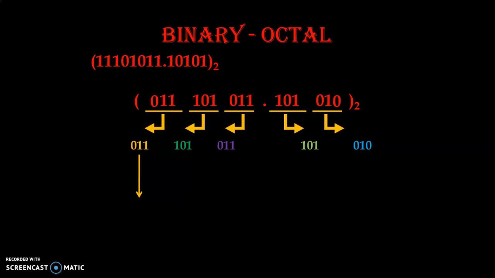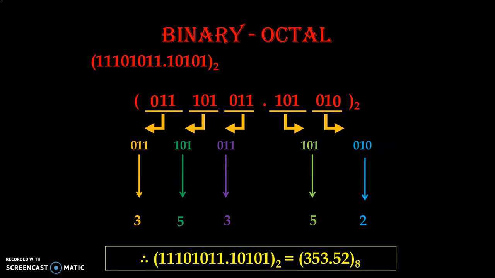So 0 plus 2 plus 1, so it is 3. 101, that is 5. 011, again it is 3. 101, that is again 5. And 010, that is 2. So now we have the octal number ready. We know where to put our fractional point. So 353.52, that is our equivalent octal number, right?